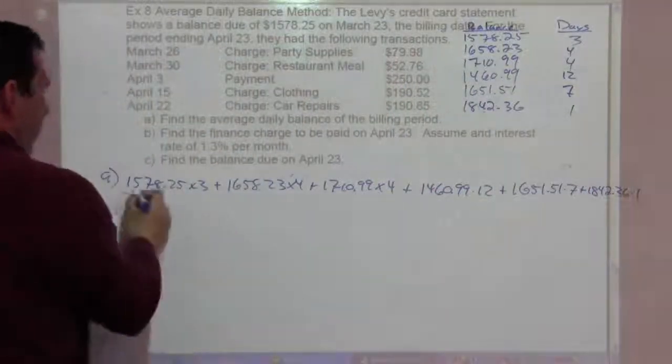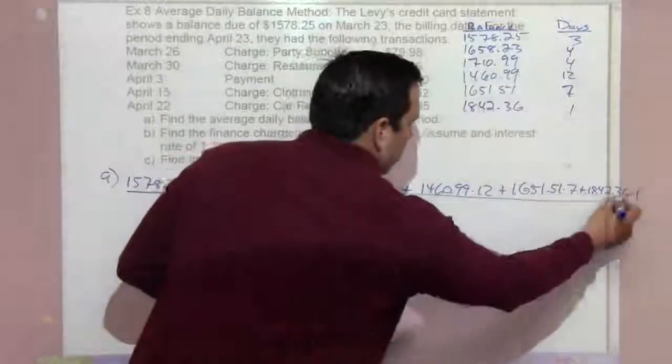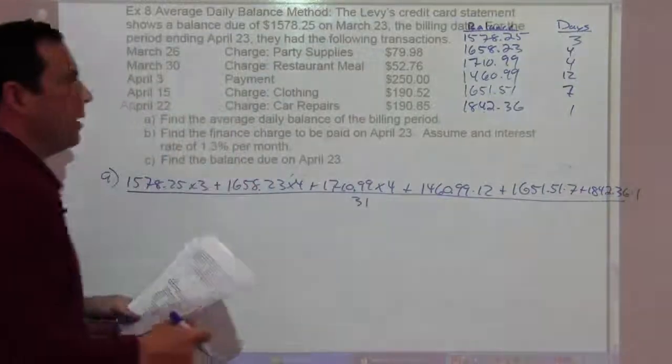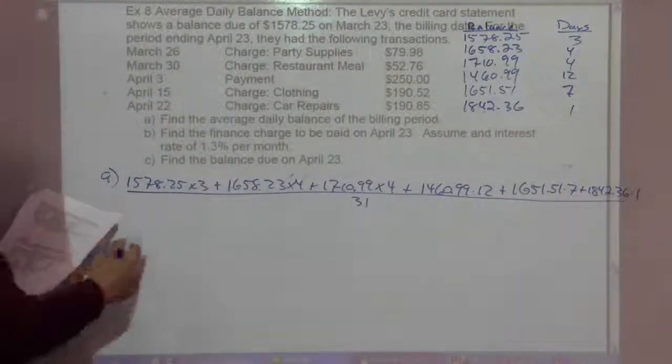And all that will be divided by 31 days, because from March 23rd to April 23rd is 31 days.